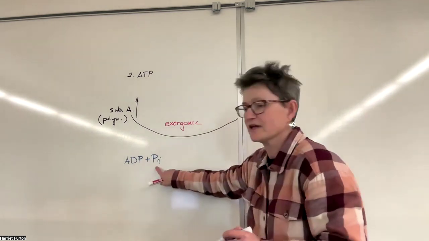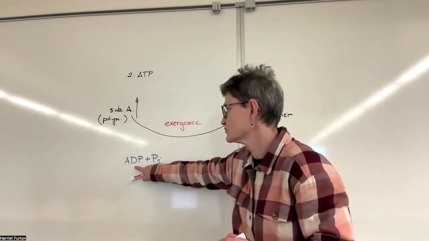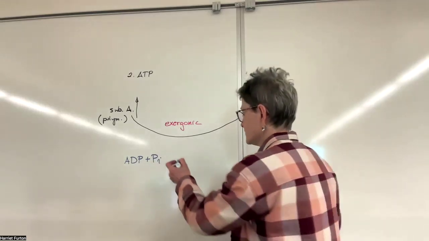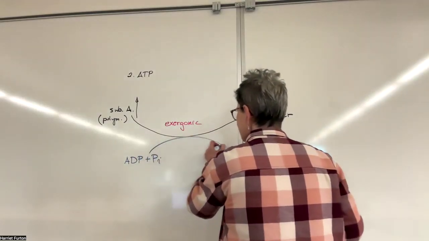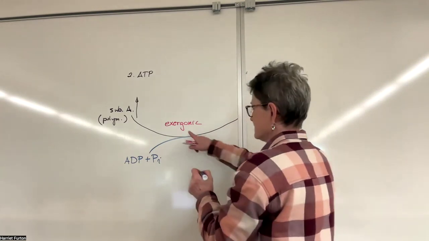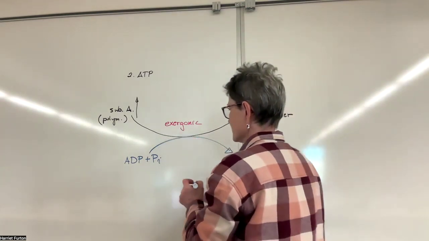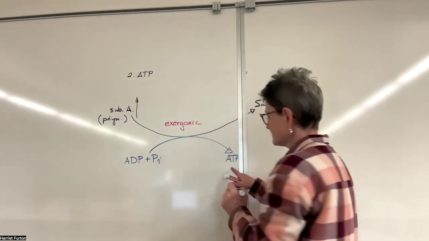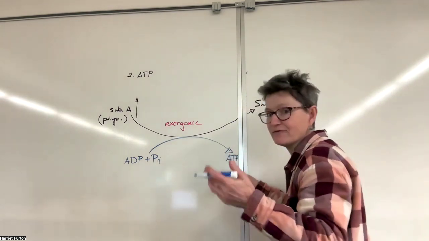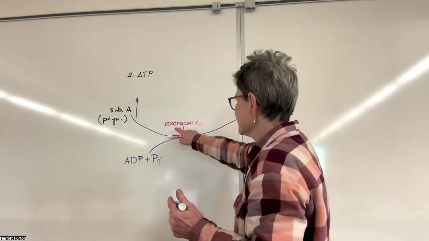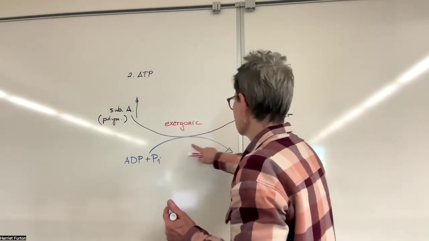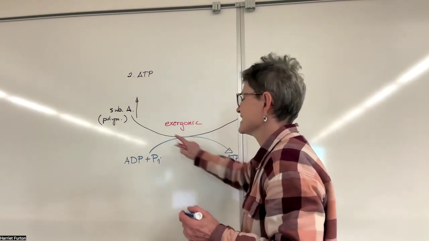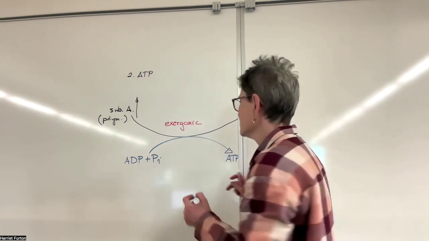In order for the inorganic phosphate molecule to add to the ADP for a high energy molecule, well, it needs the energy from the exergonic reaction to turn into ATP. This is how ATP can form one way. This exergonic reaction fuels the ATP production. This is a coupled reaction.